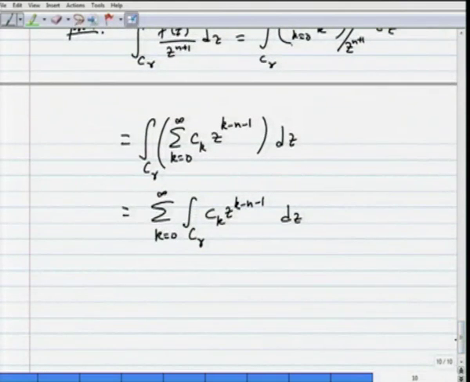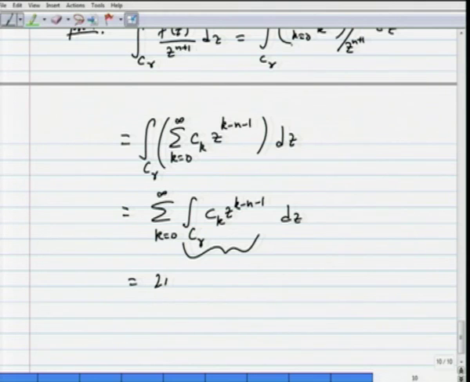The c k's are constants. So, this is equal to 2 pi i. There is only one survivor for this integral as k runs from 0 through infinity: when k equals n, you have this integration for a small enough r.